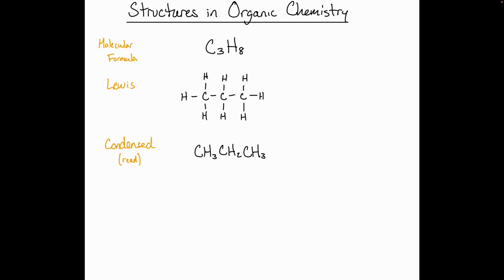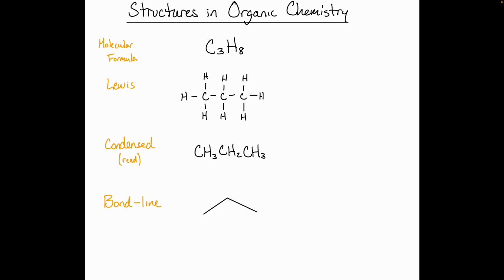Okay? But the real way we represent structures and how we're going to default in this course are what are called bond line structures. And sometimes they're called skeletal structures, but I call them bond line structures. And that is just using these zigzaggy lines, right?